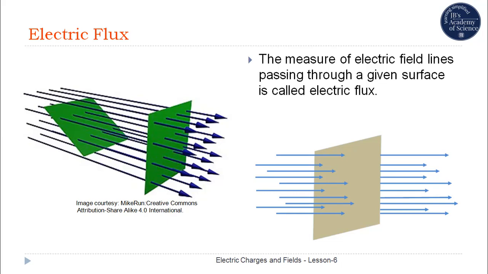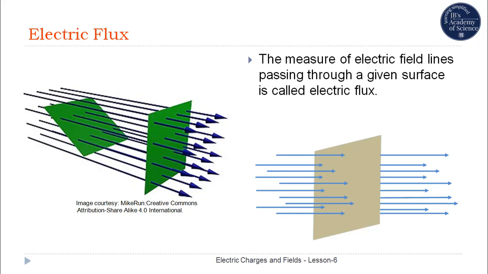Now look at the figure on the left. Here the same area is placed in two orientations. In one case, the area is perpendicular to the electric field lines, and then it is inclined at an angle to the electric field lines.